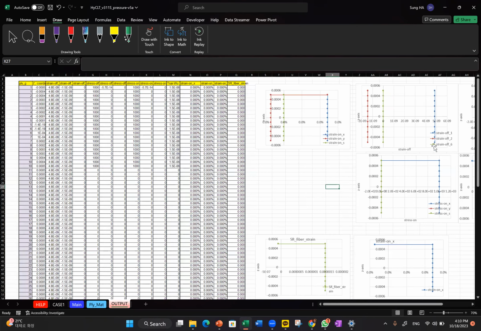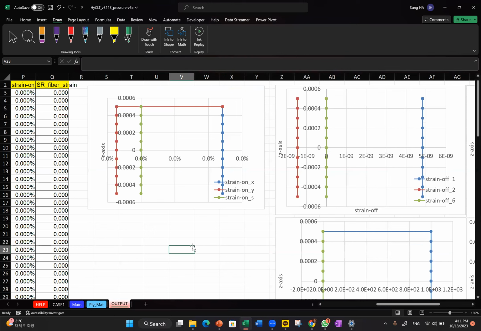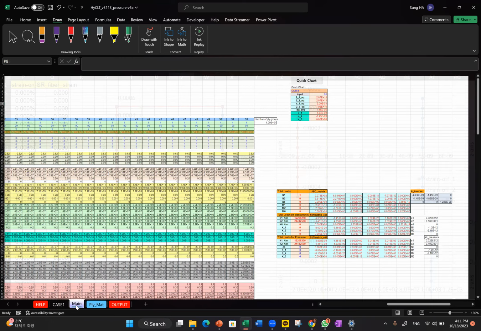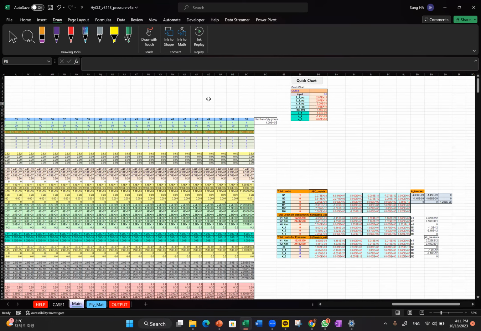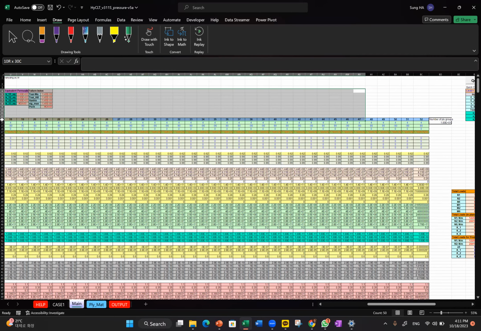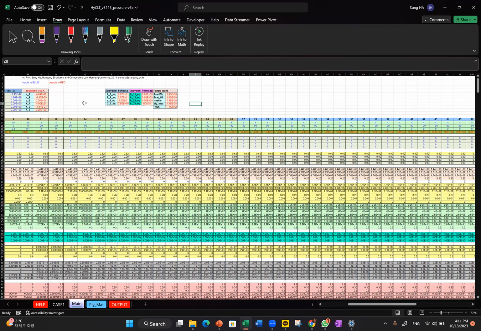As you can see, the blue is what's the value here? Value of 0.00. So this represents the strain, the strain of the first one.